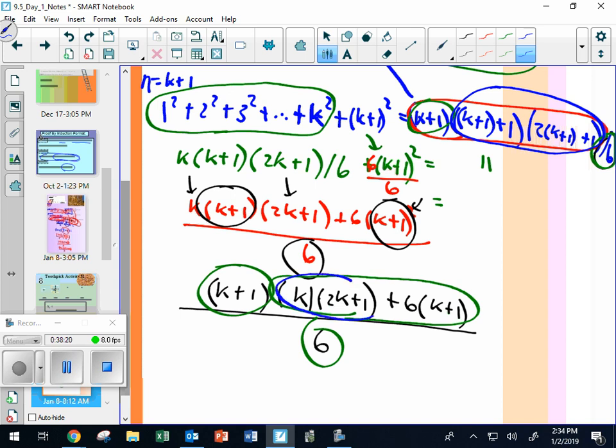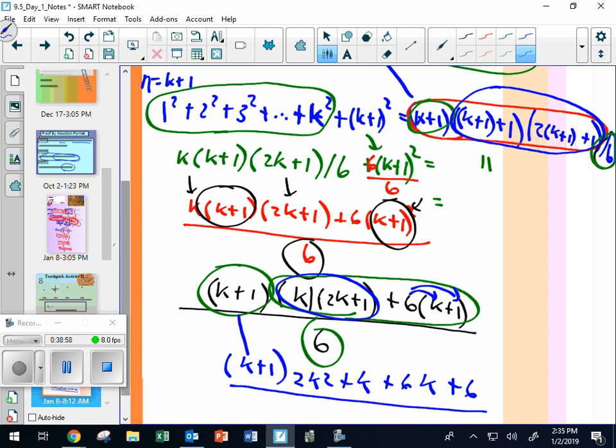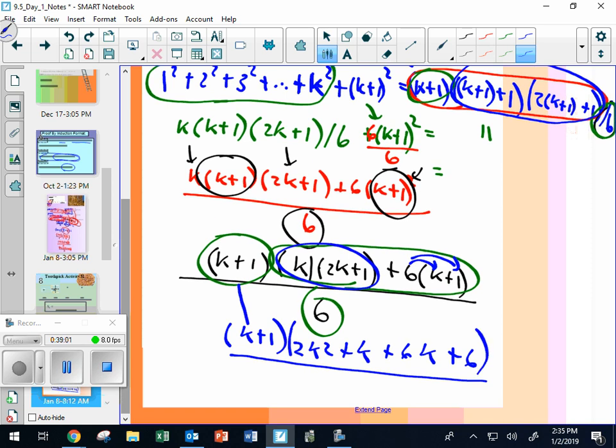I'm going to take this part right here and make it 2k squared plus k, and plus 6k plus 6. And that's multiplying that 6 out in both parts. And I'm just going to bring this straight down. This all needs to be in parentheses, and it all needs to be over 6.